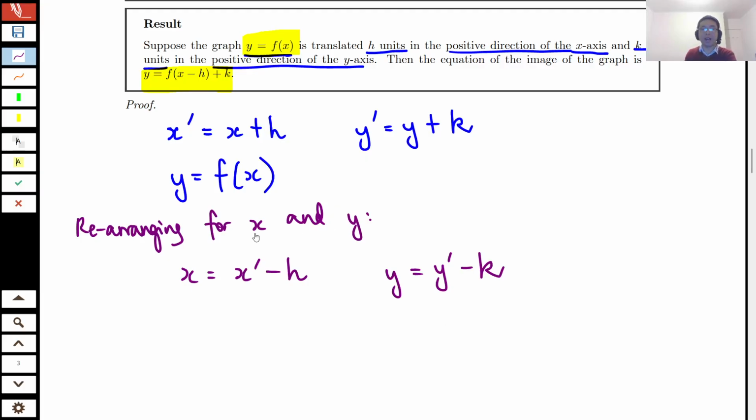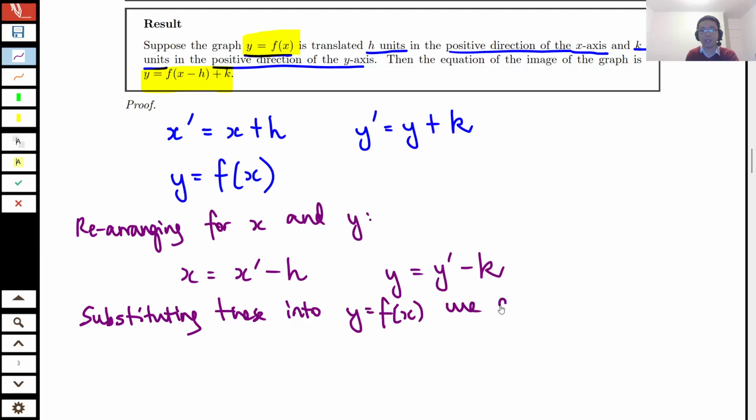Because if I do this, I can now take these two expressions and substitute them into my original equation. And watch what happens. If I substitute these into y equals f of x, we get an equation which defines the new y-coordinate in terms of the new x-coordinate.